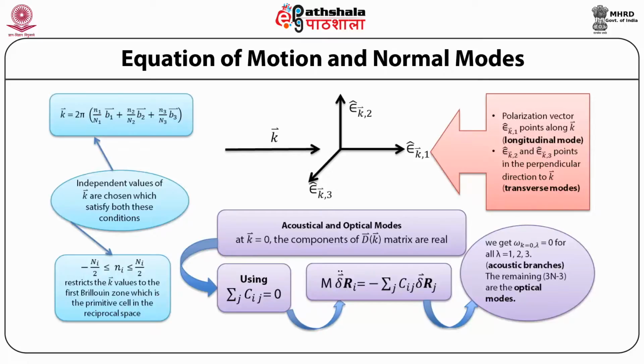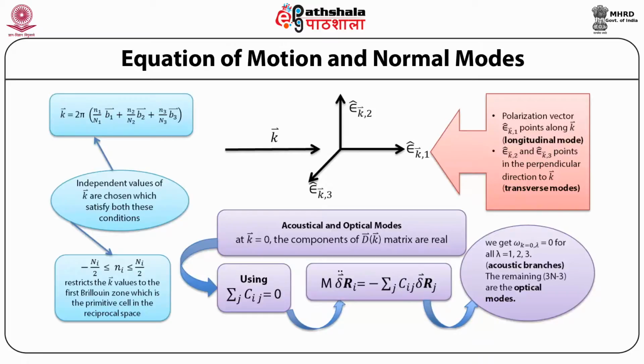Now let us take a very specific case of a cubic crystal, which is the simplest crystal that we can think of in lattice dynamics or in solid state physics, where k points along a certain axis. If you remember that we have introduced the polarization vectors, one polarization vector epsilon k1 points along k and the other two, epsilon k2 and epsilon k3, point in the perpendicular direction to k, and this is illustrated very nicely in this figure.